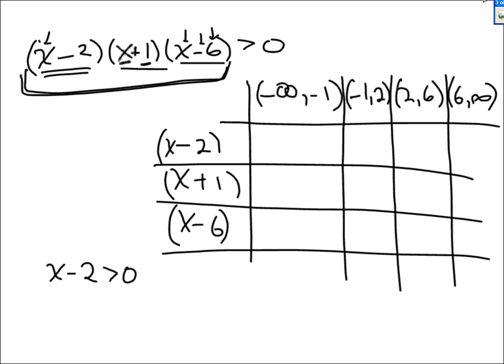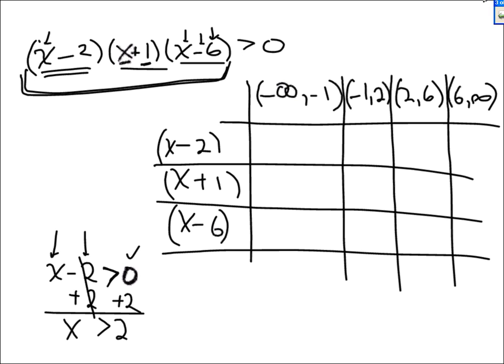When is x minus 2 greater than 0? What type of numbers, when you take away 2, leave you with something left over? How much money do you have in the bank so you can take out $2 and still be in the positive? The answer is more than 2. And you can add 2 to both sides if you have to, but you're going to get x must be bigger than 2.